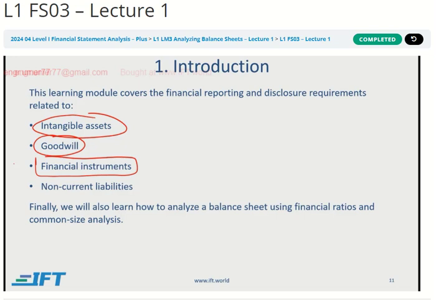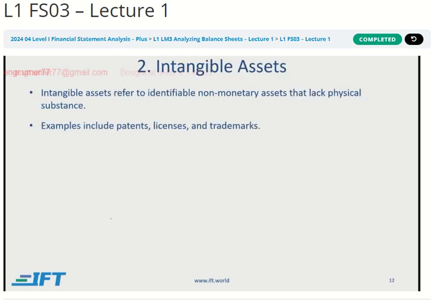What impacts do they have on the income statement as well is something we will discuss. And finally, we will talk about non-current liabilities, how they are shown on the balance sheet. And finally, we will close with a discussion of financial ratios and common size analysis. Okay, so let's get started with intangible assets.